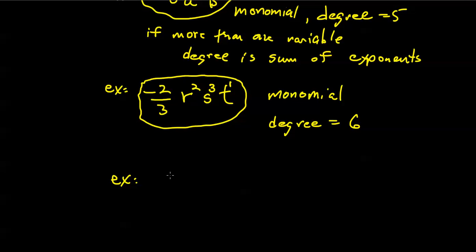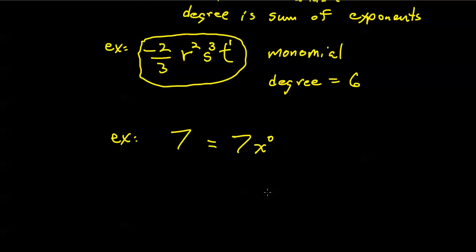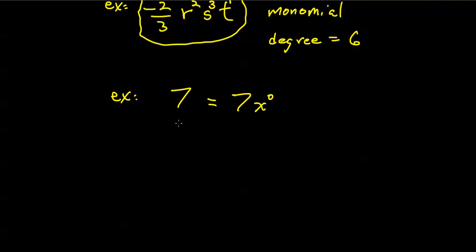Another example. Let's say the constant 7. Well, I could consider this a product of powers of variables and constants if I rewrite it as 7 times x to the 0 power, and since anything to the 0 power is 1, these statements are equivalent.